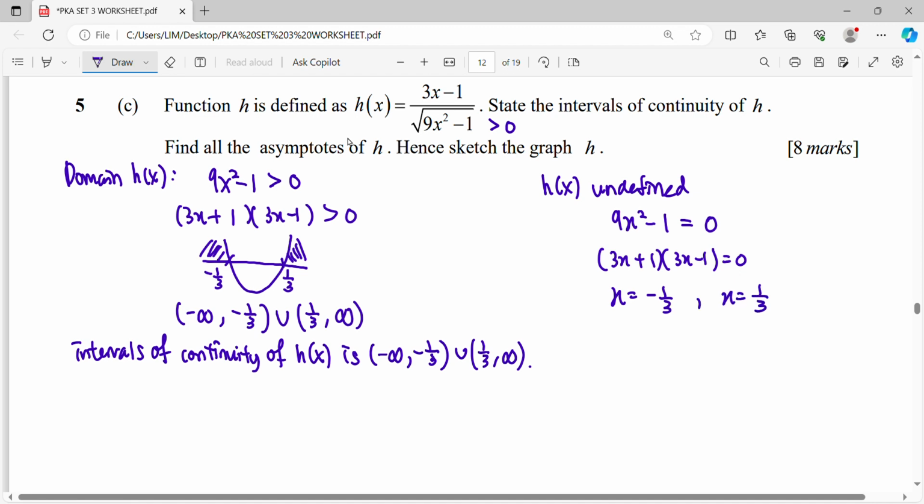So we have two values of x. So these two values of x may be asymptote. We have to calculate and see whether the graph going infinity or not. Alright, so we start calculate limit x approaches negative 1/3 from the left hand side of the function.